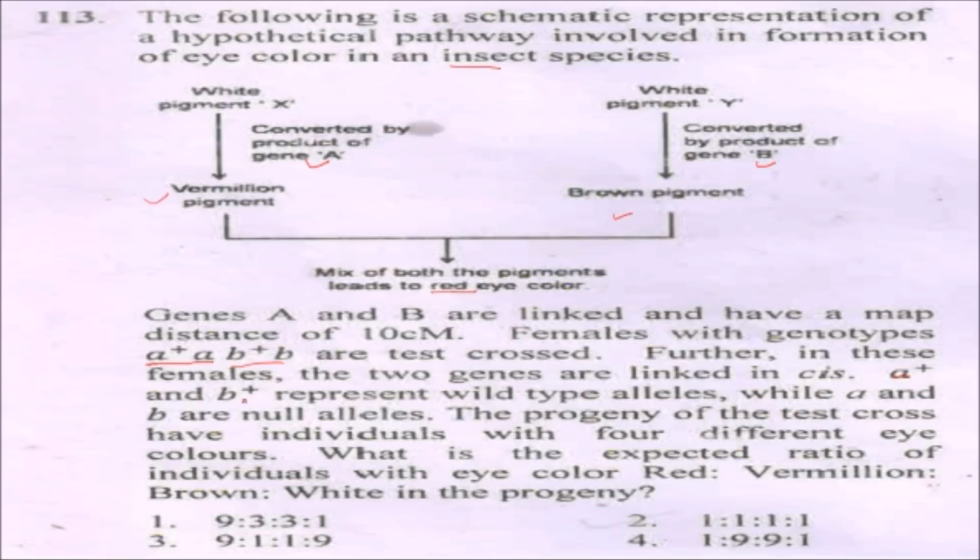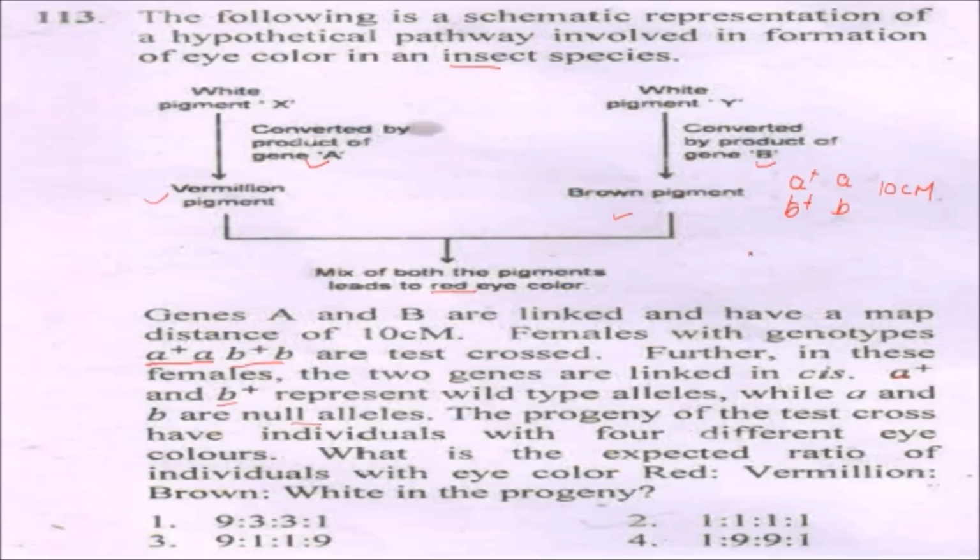A plus and B plus represent the wild type alleles, while A and B represent the null alleles. If it is in cis form, then A plus and B plus will be on the same chromosome, and the homologous chromosome will have A and B, and they are linked at a distance of 10 centimorgan.